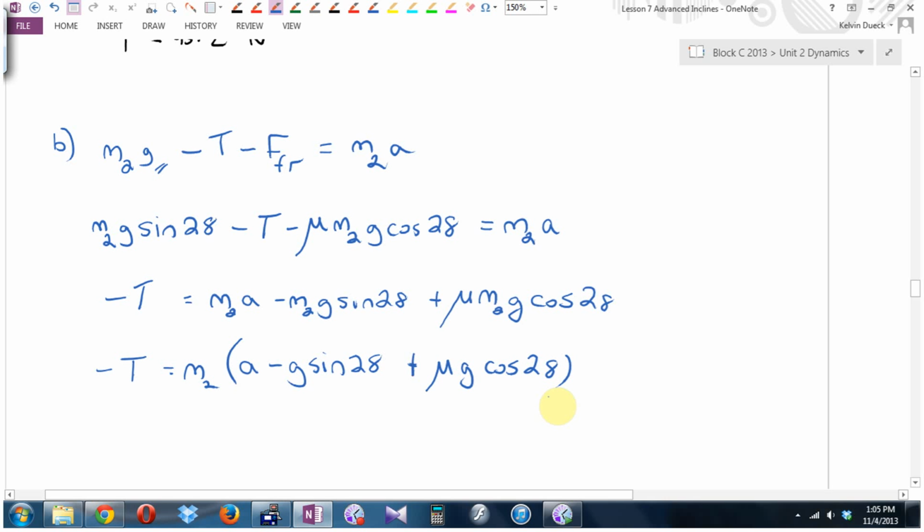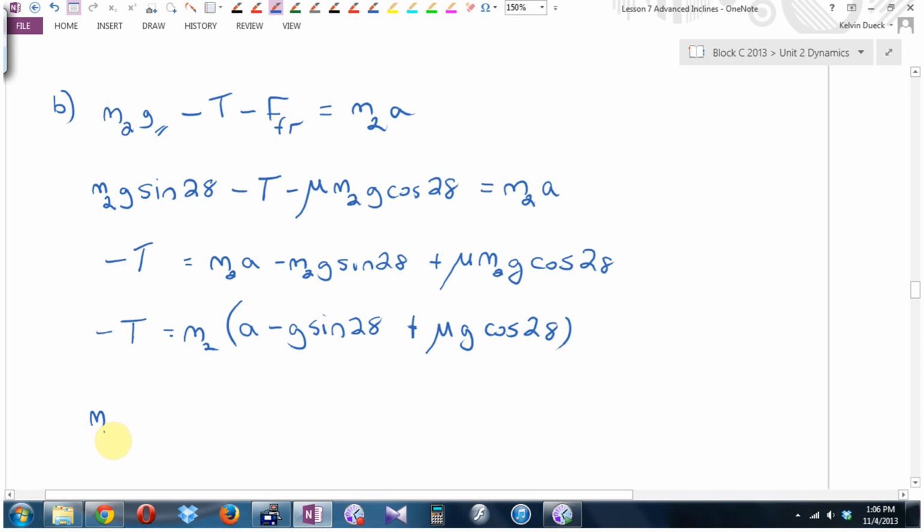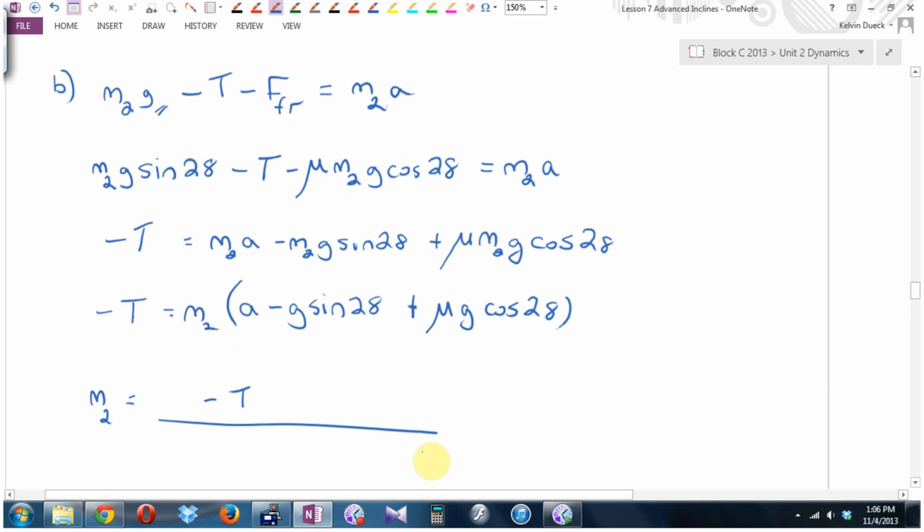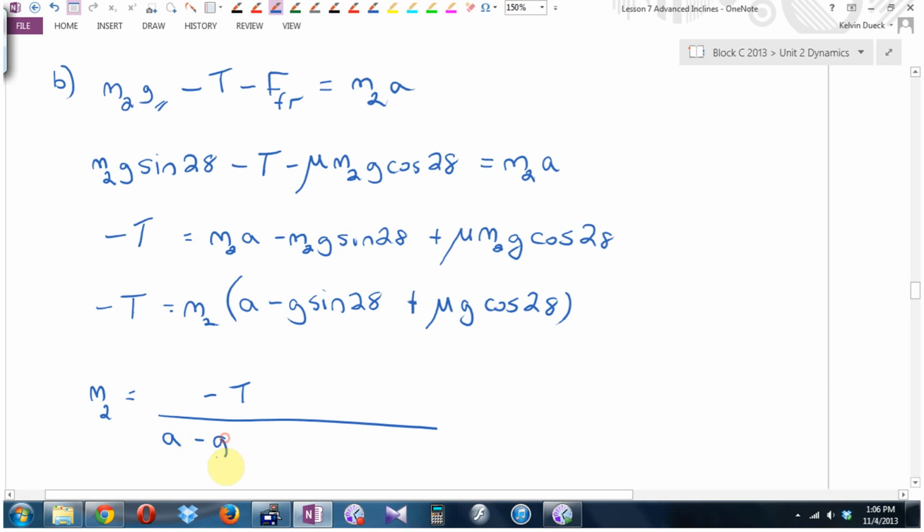How would I get the M2 by itself? Divide by that mess. Which again, have you heard me say, it's not as much, it's longer. I don't know if it's that much tougher, but it's long and ugly, but not too bad, I think. I think M2 is going to be negative tension, all divided by A minus G sine 28 plus mu G cos 28.